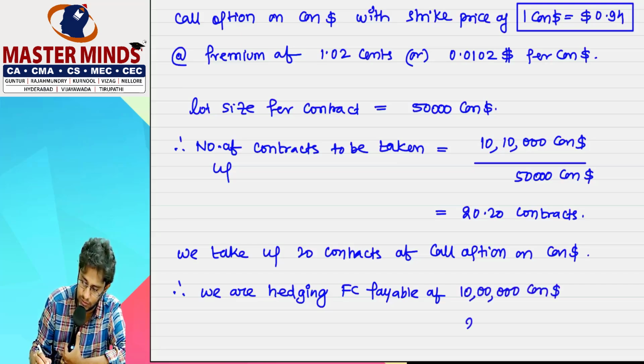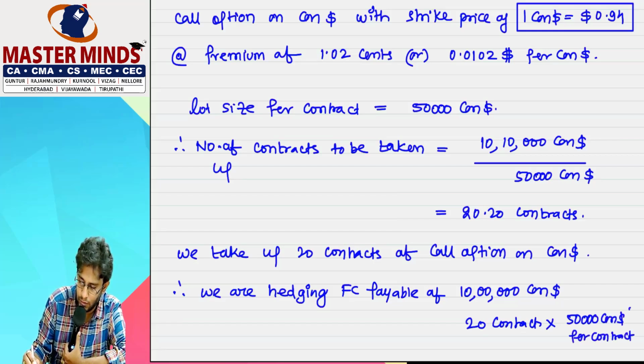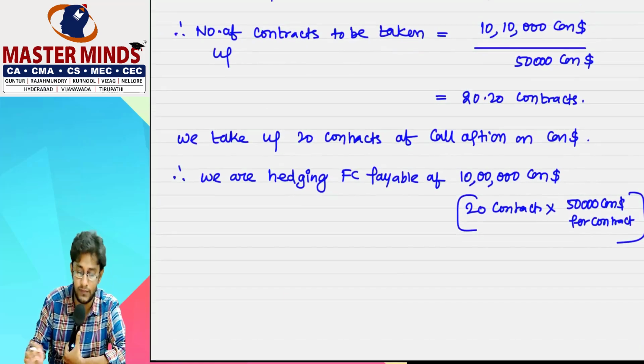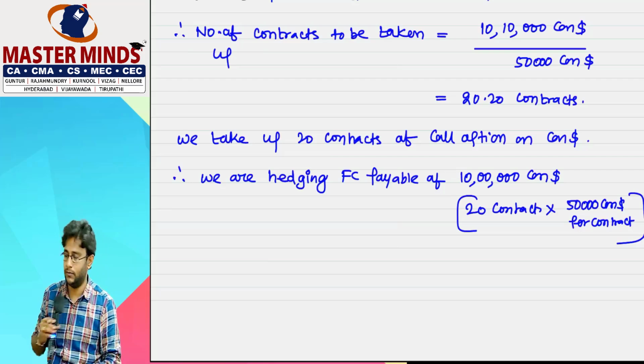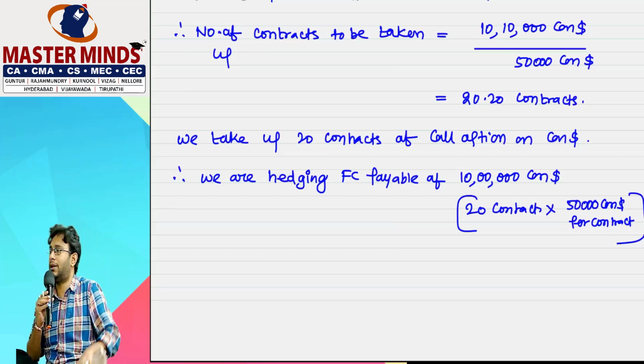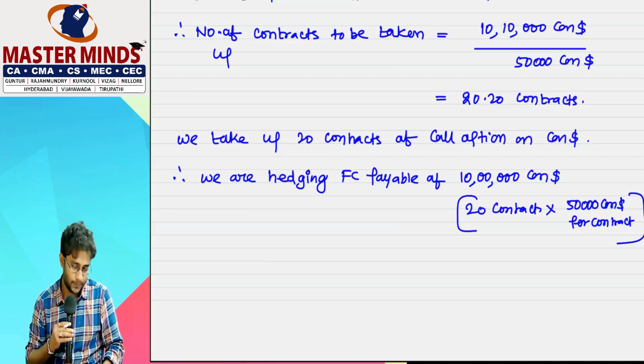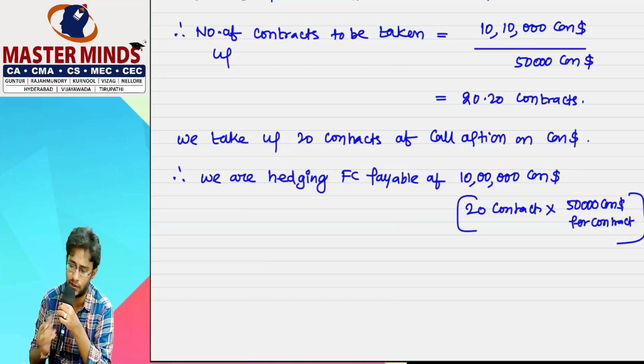How 10 lakh CAN dollars? 20 contracts, sir. Each contract is 50,000 CAN dollars. So even though your FC payable is 10 lakh 10,000, you are able to hedge only 10 lakhs using options.